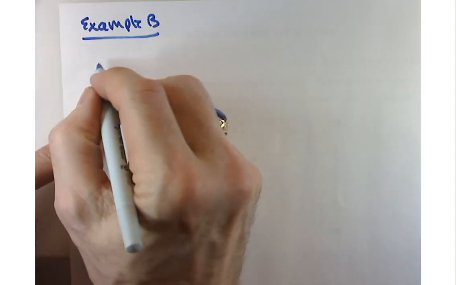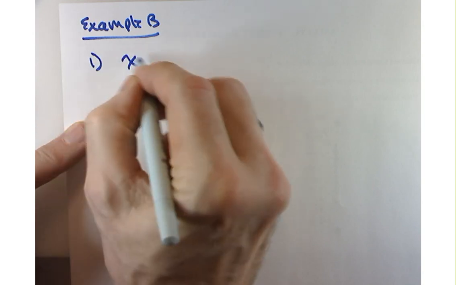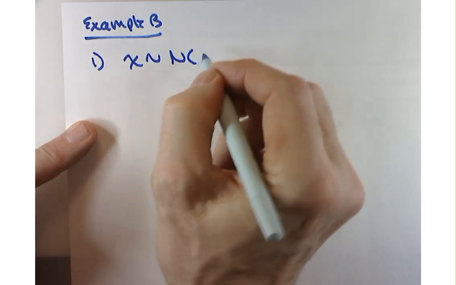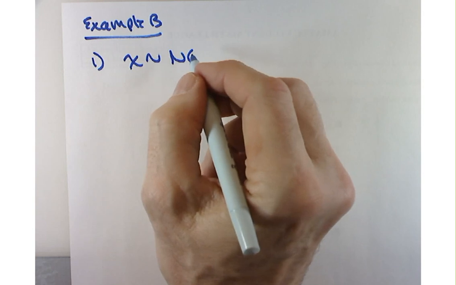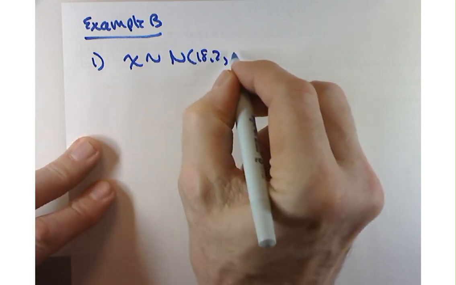So this will be example B. This is part 1. X is normally distributed with a mean of 18.2 and a standard deviation of 1.